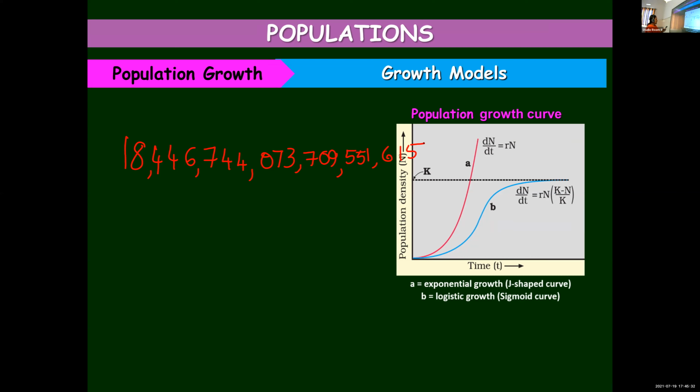So it is read like this: 18 quintillion, 446 quadrillion, 744 trillion, 73 billion, 709 million, 551,615. And this will spread over 1.4 trillion metric tons.